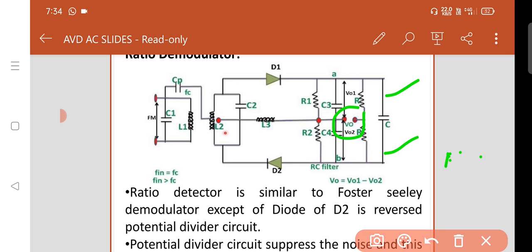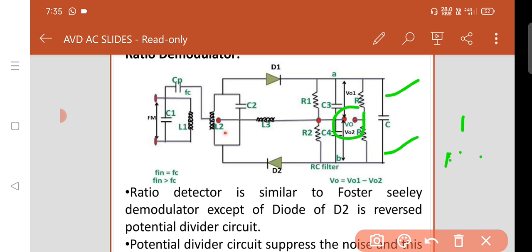Coming to the output voltage V0, these two voltages affect our actual circuit. That difference gives the better output in order to avoid the noise.